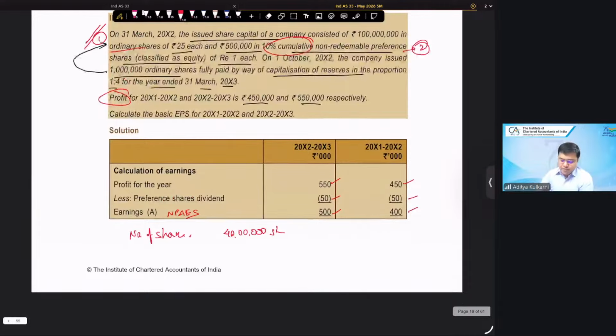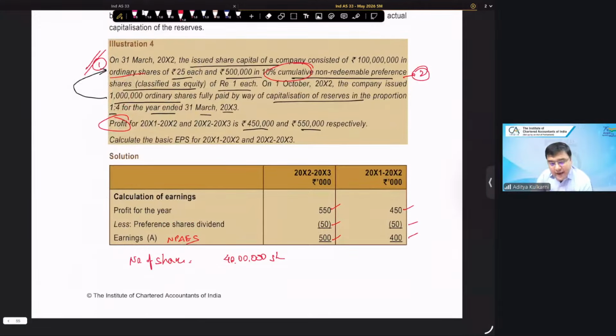Right now, I have also issued bonus shares worth 10 lakh in number. When is this issued? 1st October 20x2. You tell me, should I take these equity shares from 1st October 20x2 or from the beginning of the period for which the financials are presented?